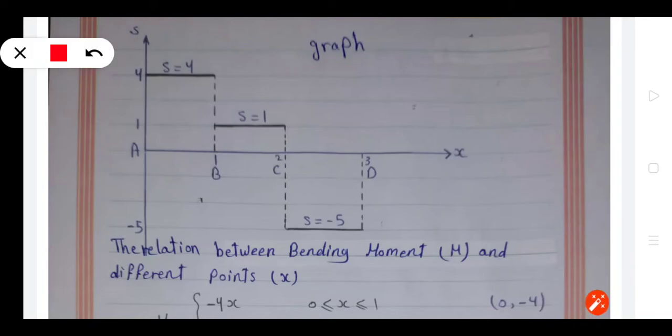Let this point be negative 5, so it is parallel to the x-axis at negative 5, S equals negative 5. We can match all parts by these points. Now we finish the relation between shearing stress and different points on the beam.